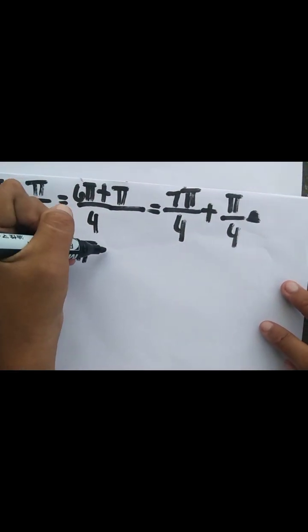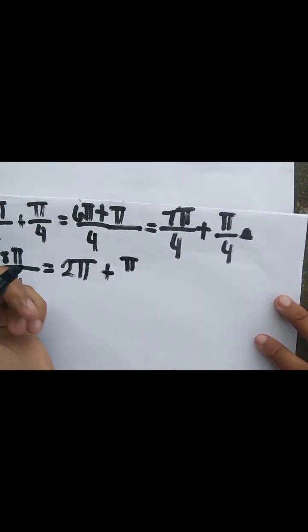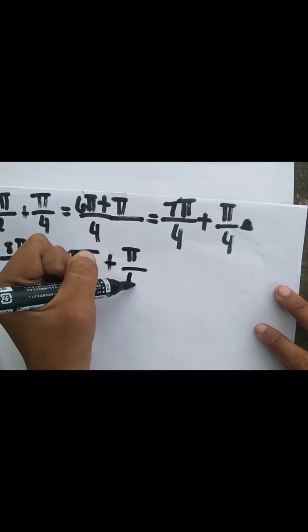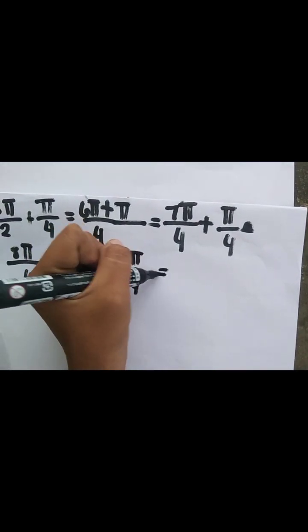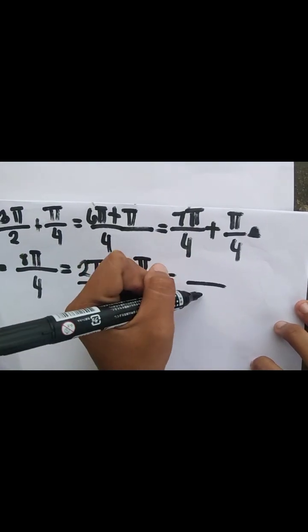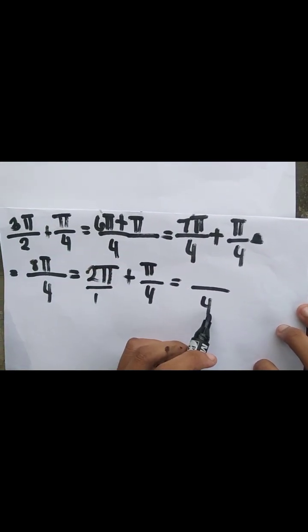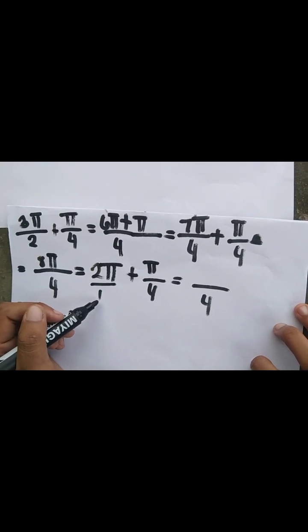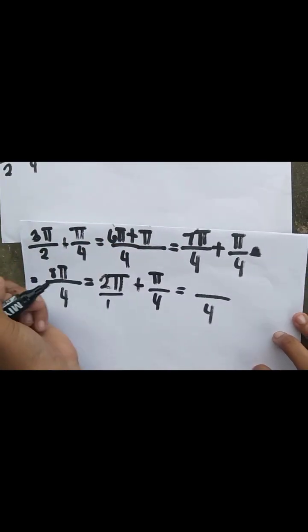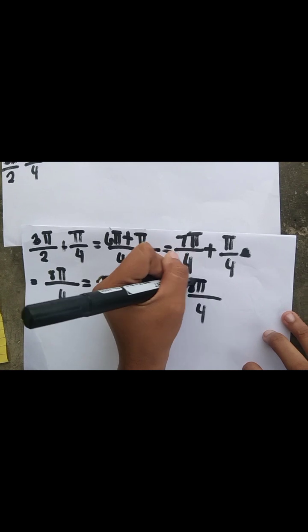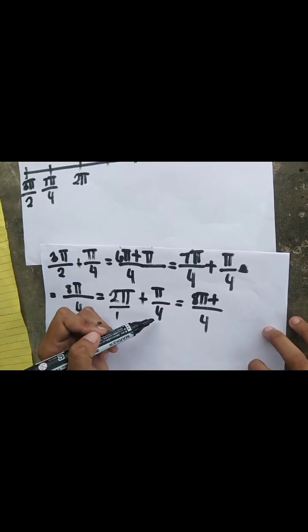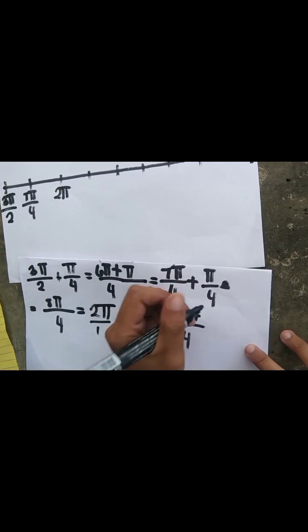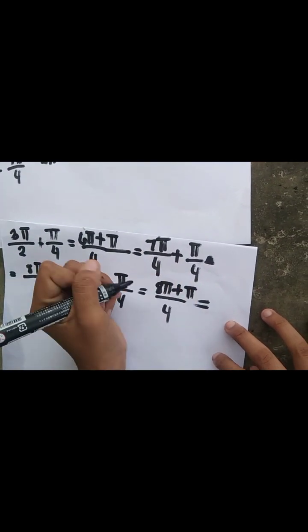Then 2 pi plus pi over 4: 4 divided by 1 equals 4 times 2 pi equals 8 pi, plus 4 divided by 4 equals 1 times pi equals pi.